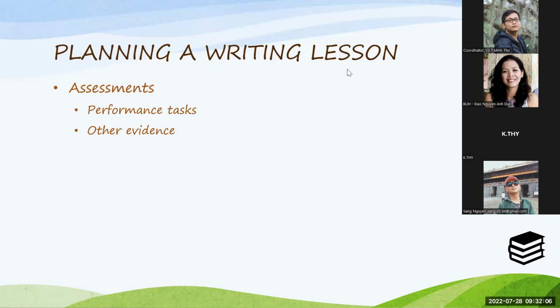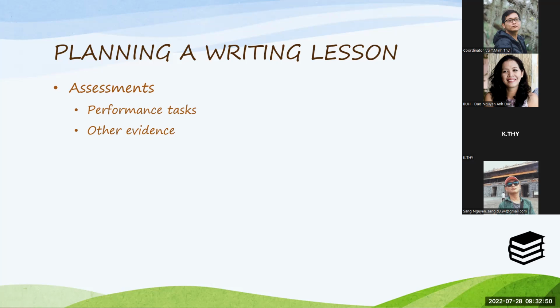Performance tasks are the tasks in which we can observe the students' performance using their language skills. Examples can be presentations, a role play for a speaking task, a group presentation, or it can be the final product, a paragraph here. That's the performance task, right?